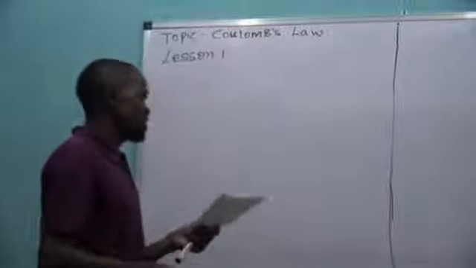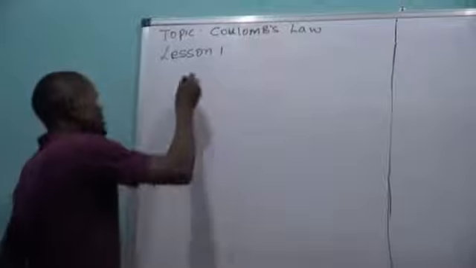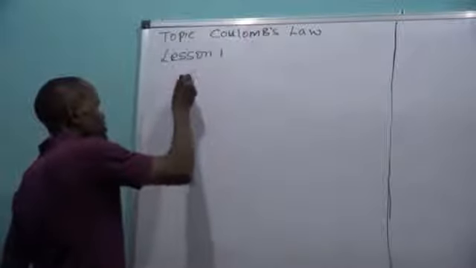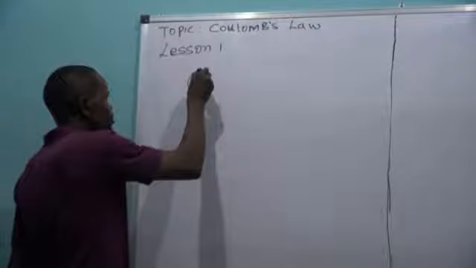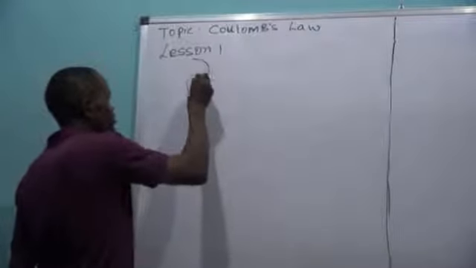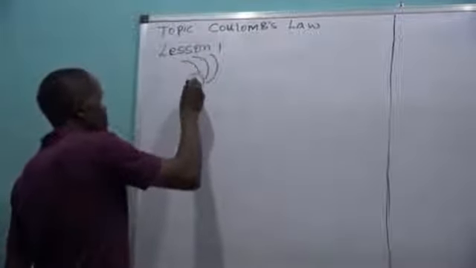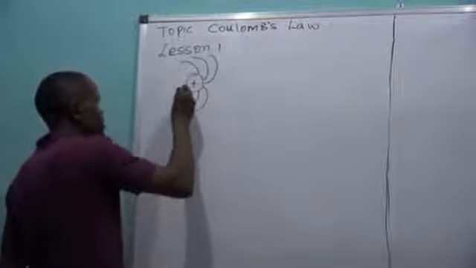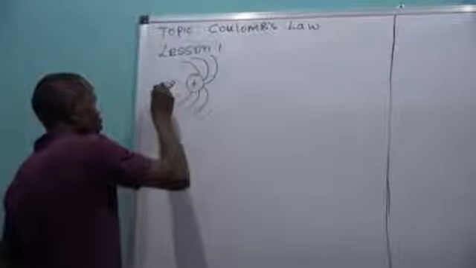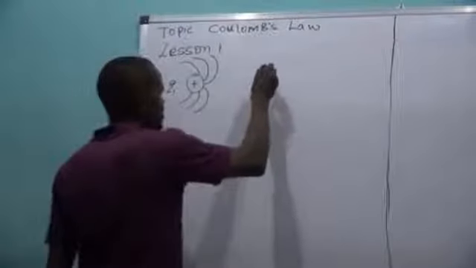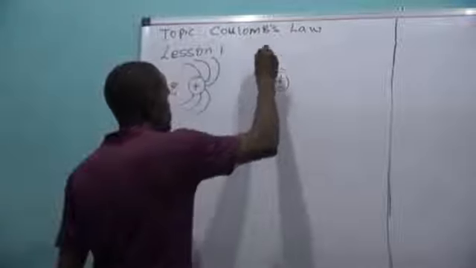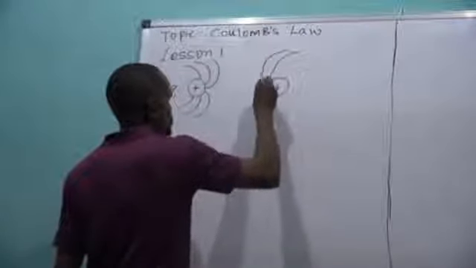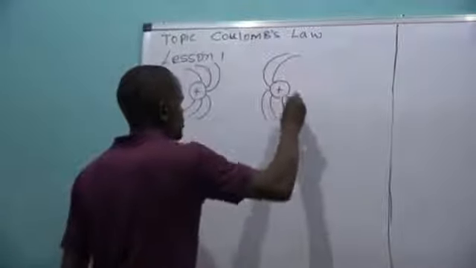So for you to understand that very well, I have to follow from the first lesson. So I have this. This is a positive charge. You move this way. This is a positive isolated charge, which we'll call Q1. Another positive isolated charge, you move this way.